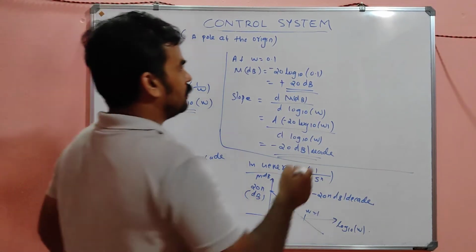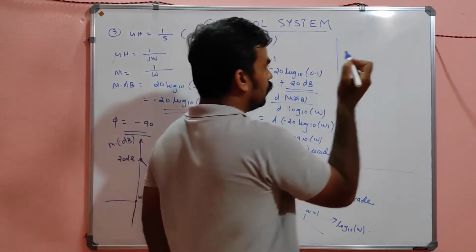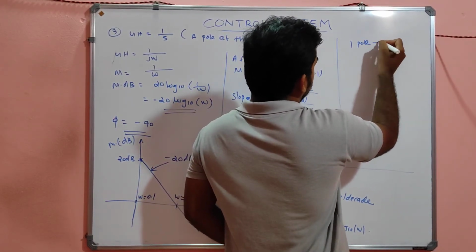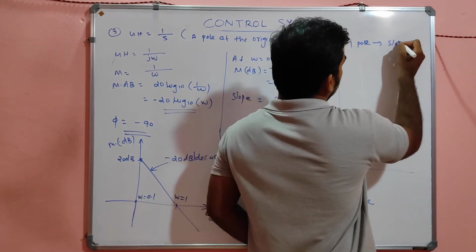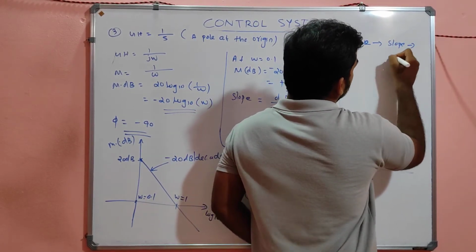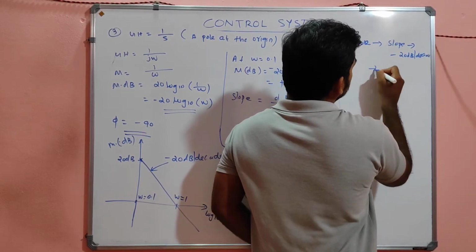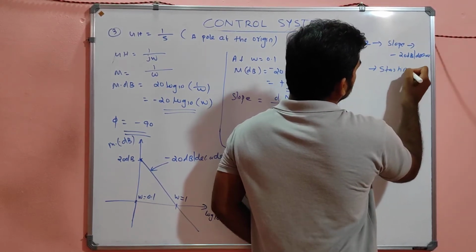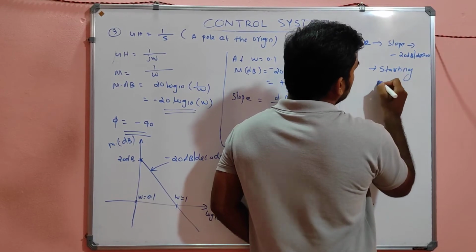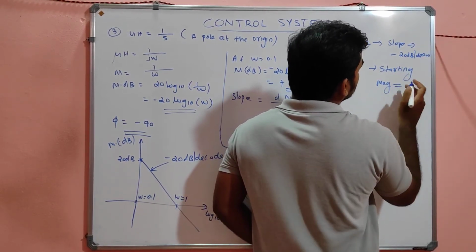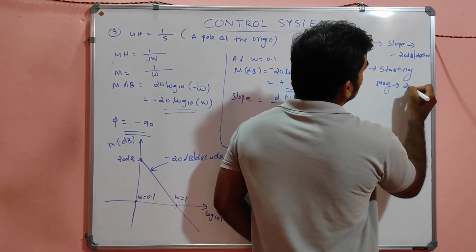So you can add here one more term. One pole can make a slope of minus 20 dB per decade, with the starting magnitude 20 dB.